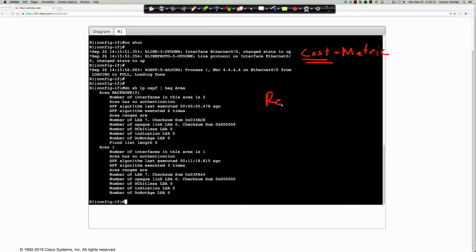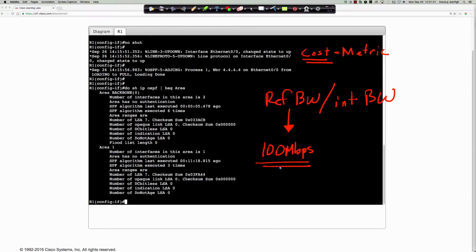It is the reference bandwidth divided by the interface bandwidth. And so that raises the logical question, what is the reference bandwidth? Well, the reference bandwidth for OSPF by default is 100 megabits per second. Now you're probably thinking, 100 megabits per second, well, that's obviously not too quick speed-wise, right?